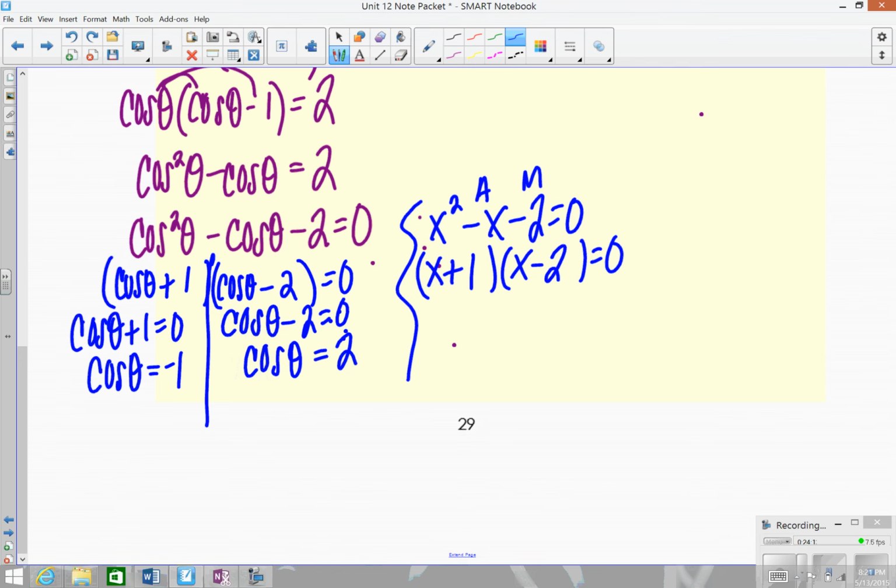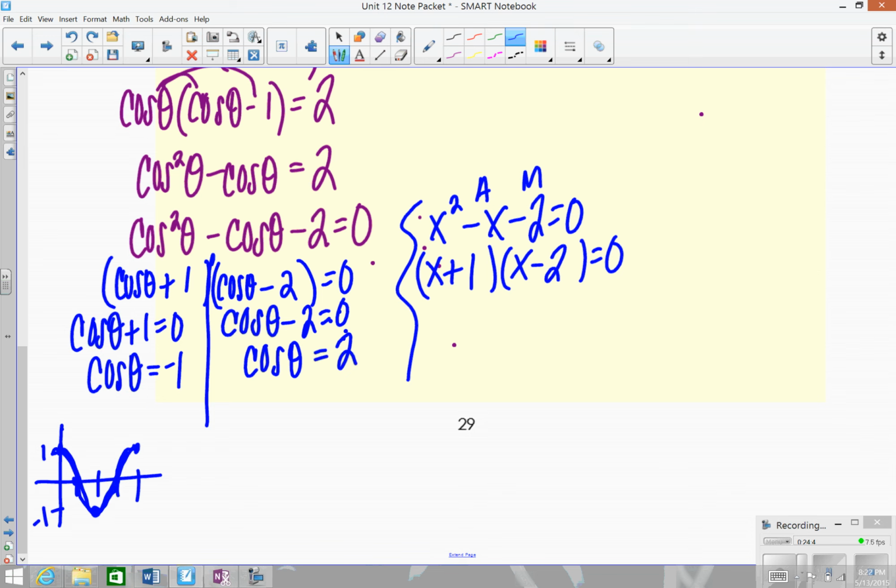So for this one, since it's a -1, I'm going to think of it in terms of the graph. So we have our 4 key points. For cosine, we start up at 1. So 0, 1. We go down to 0, down to -1, 0, and then back up to 1. So this curve looks something like this.